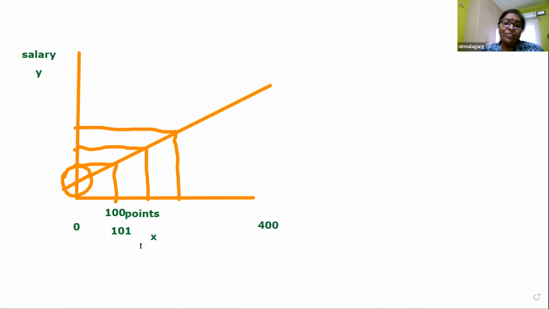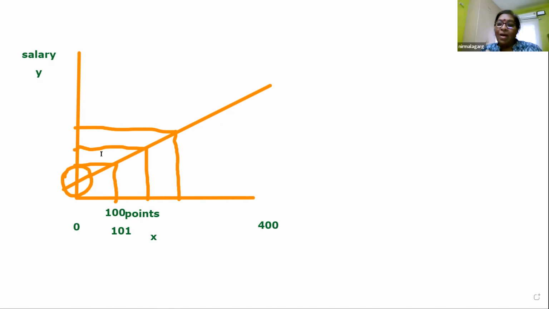That means if the point value increases by 1 point, how much does the salary increase? Are you with me now? How much does the salary increase if the point value increases by 1 point? So for 1 point, what is the increase in the salary?